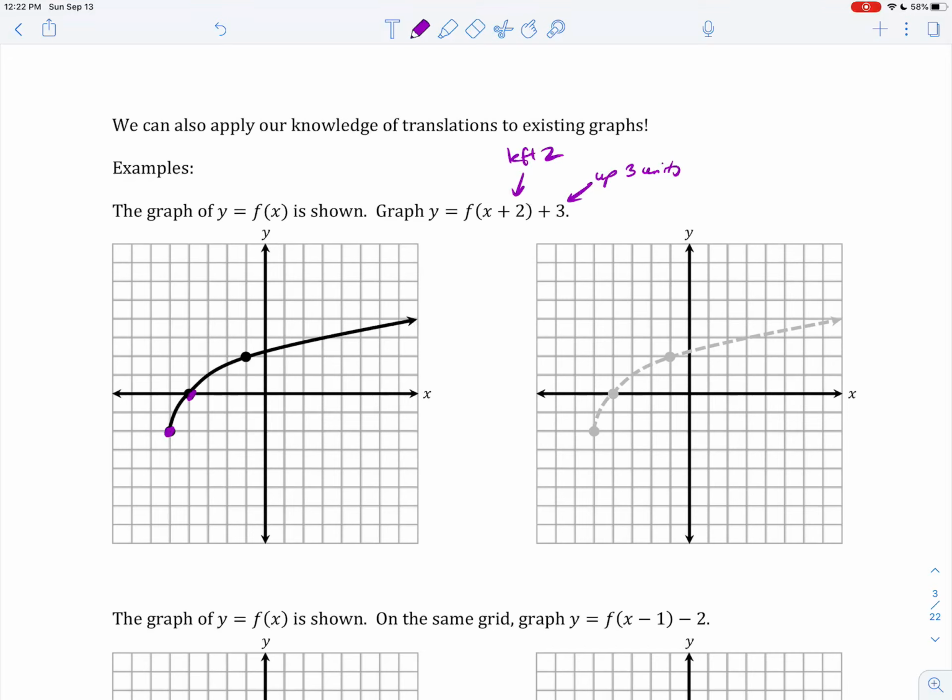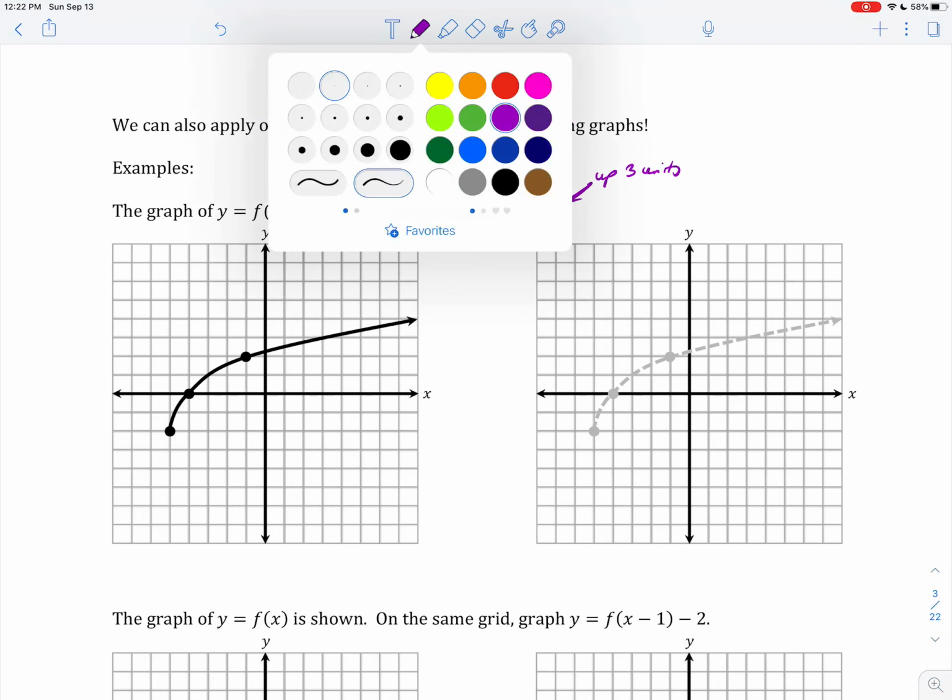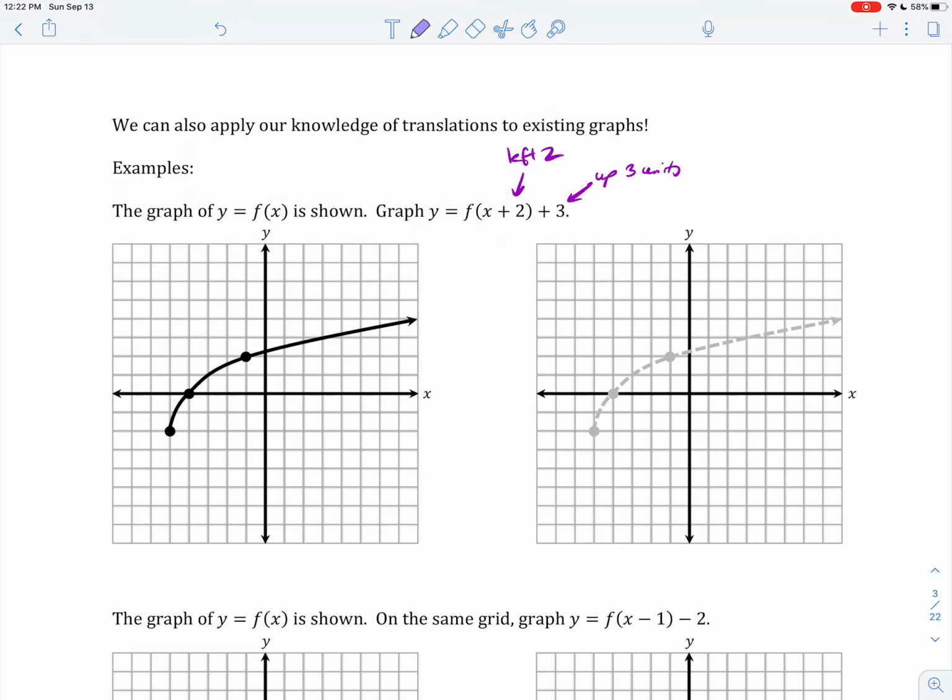So we can take these existing points and move them around wherever they happen to have to go. So this point I will go left 2, up 3. So left 2, and then up 3 puts me there.